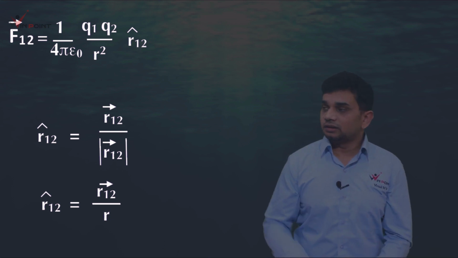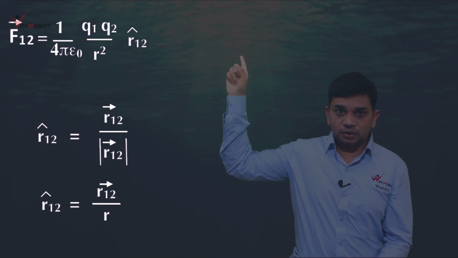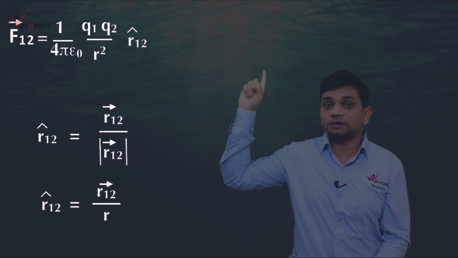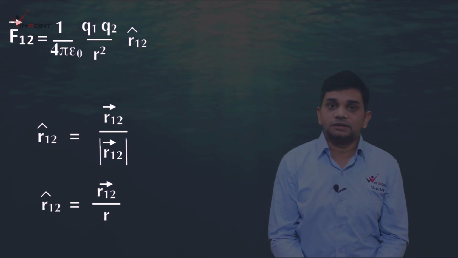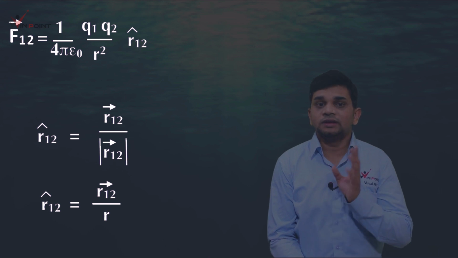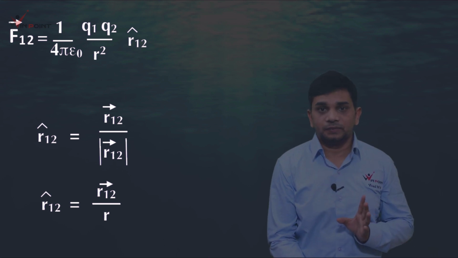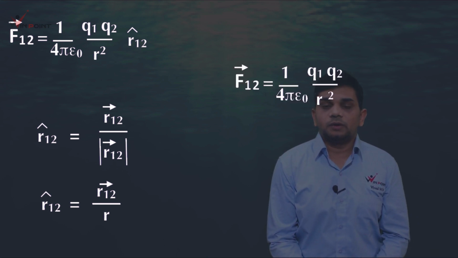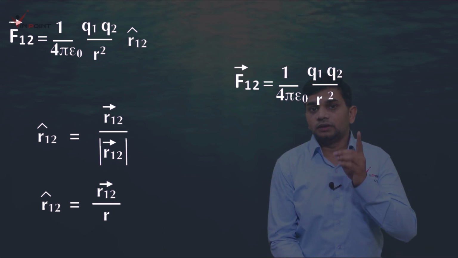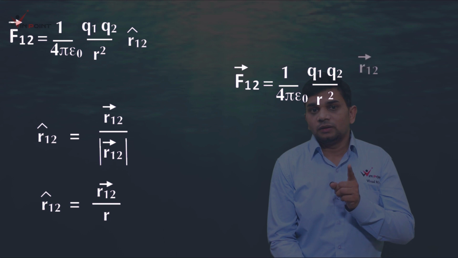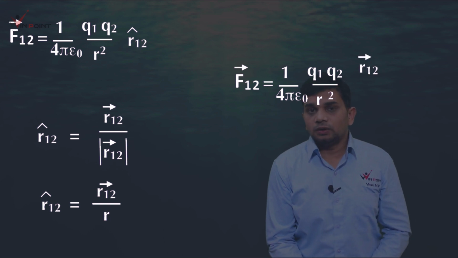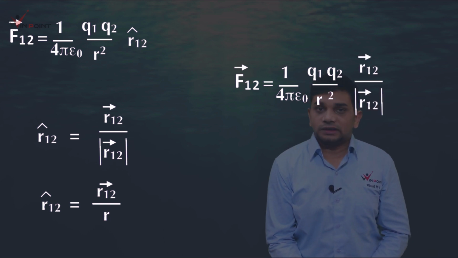Now we are writing the same equation; instead of this unit vector r12, we can change it using this equation. So it will be 1 by 4 pi epsilon 0 q1 q2 by r square into vector r12 divided by magnitude of vector r12.